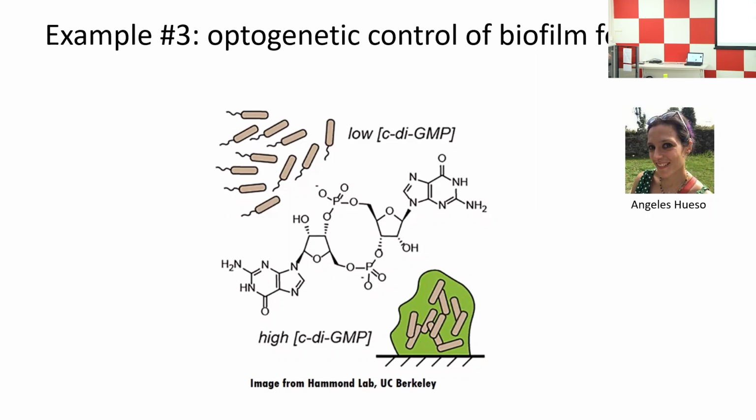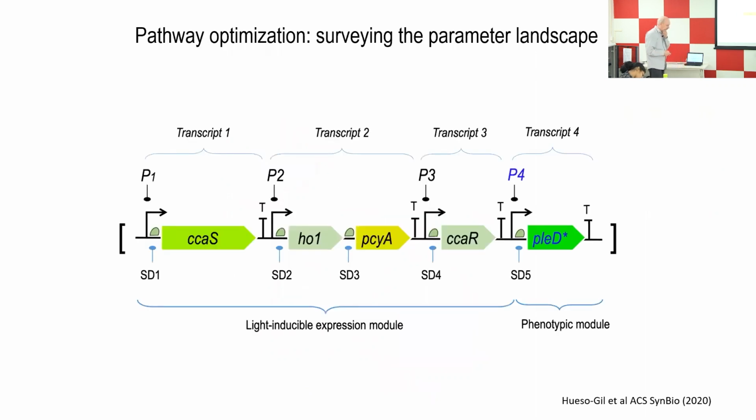So it has been known for many years that the reason why many bacteria form biofilm or not is connected to the intracellular levels of a molecule that is called cyclic di-GMP. So this is an intracellular signal that goes up when bacteria go into a biofilm state and goes down when bacteria go into a planktonic state.